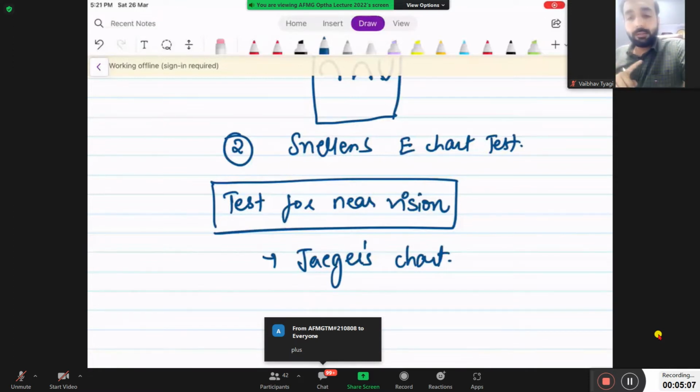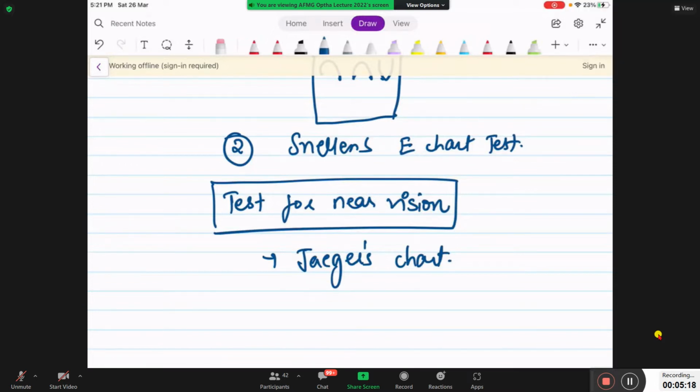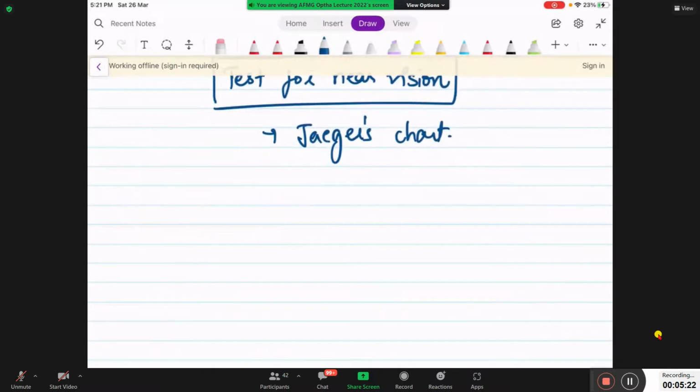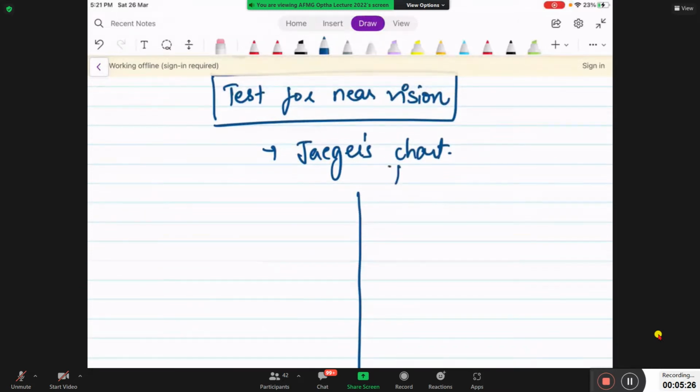Now, one thing which is important from your exam point of view, you have to differentiate between convex and concave lenses. There are some tactics which you should know. So write down types of lens.